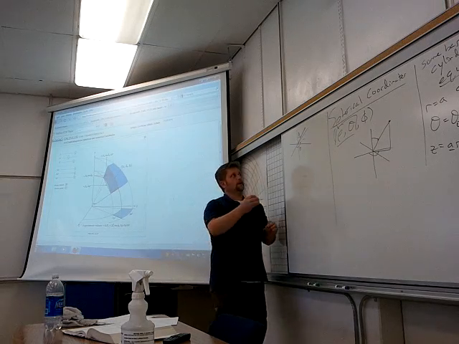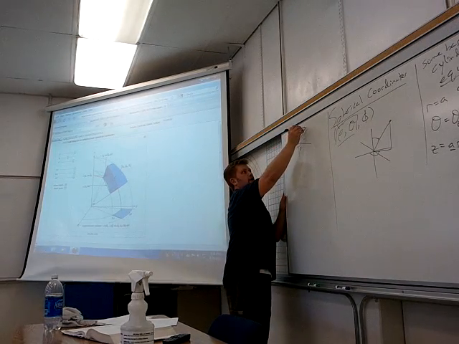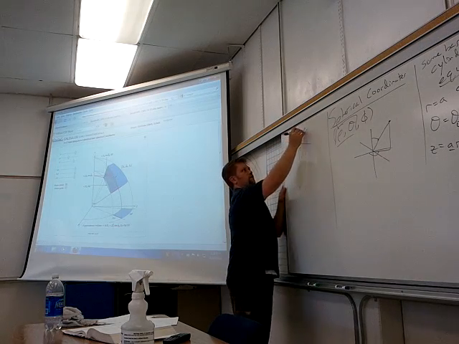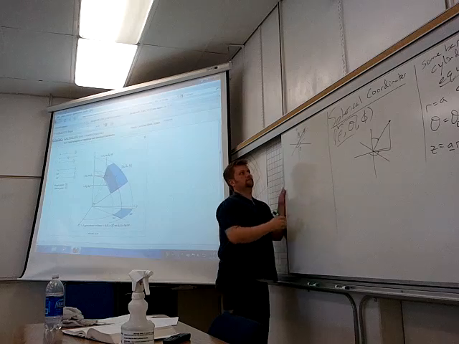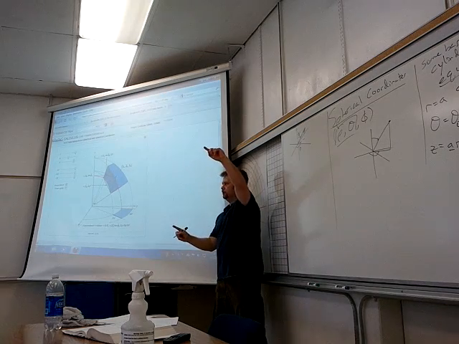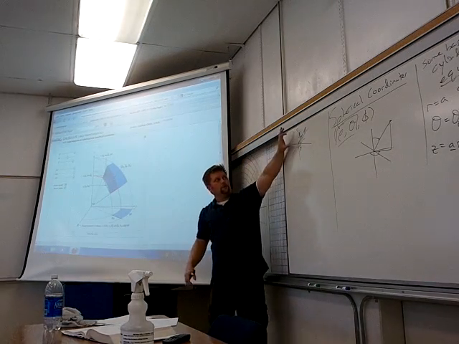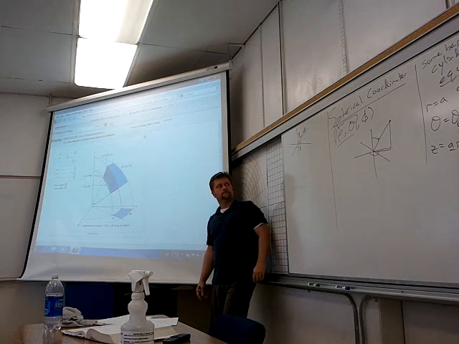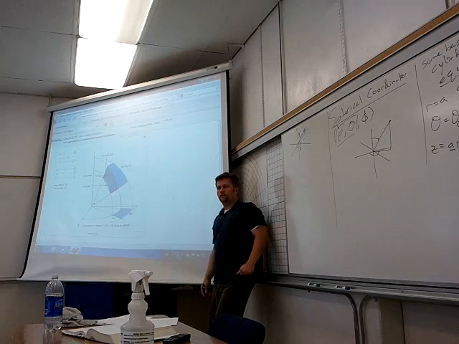So the first thing I can do with this is break off the z component, this component here. Let's just call this rho. That's what that length is. What will this component here be? Z cosine theta.